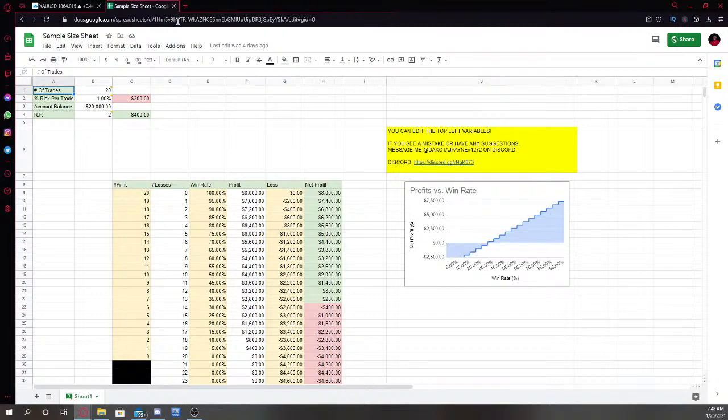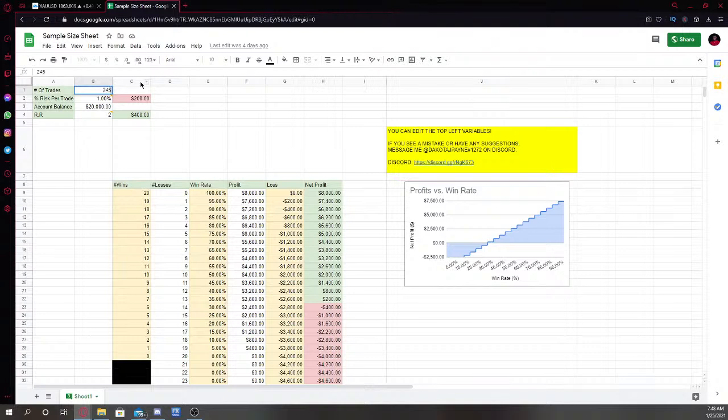Okay, and essentially what it is, if you've watched Mark Douglas, he almost always talks about sample sizes in every single one of his videos. What are sample sizes? How to use sample sizes and how they can benefit you. Okay, so I've made it a key part of my trading plan to trade in sample sizes.